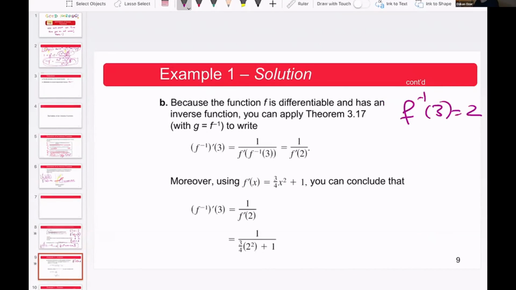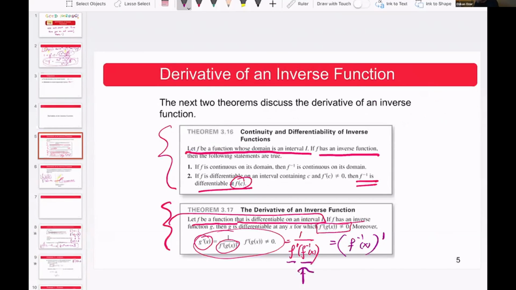And now I'm going to use the formula for finding the derivative of the inverse function at 3. What is that? Going back to the formula that I just showed you, it's the reciprocal of f prime of f inverse of x.